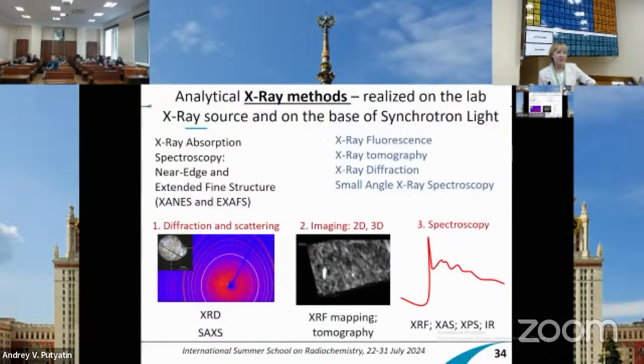Analytical X-ray methods can be realized today in the laboratory and can be based on synchrotron light. They are X-ray fluorescence methods, X-ray tomography, X-ray diffraction, small angle X-ray scattering, X-ray absorption spectroscopy in the modes of near-edge and extended fine structure.